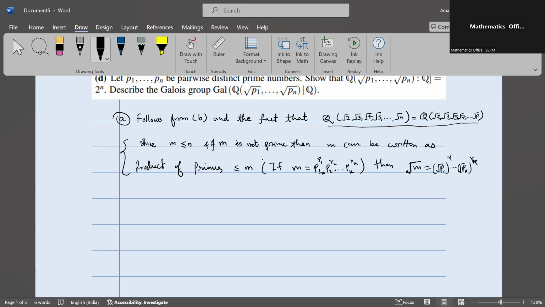First of all, we did this now, and also the degree of the extension Q(root p) over Q is 2.